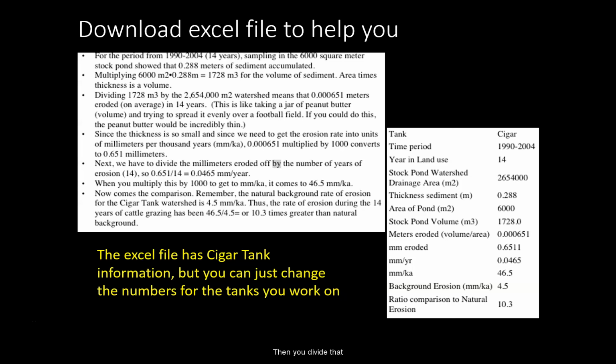Then you divide that volume by the area of the watershed that you get from the KMZ Google Earth file. The thickness is incredibly small, so you will have to do multiplication to convert it. Eventually, when you do it step by step, you will get to the units of millimeters per thousand years. And then you compare the erosion rate under land use to the natural background rate.